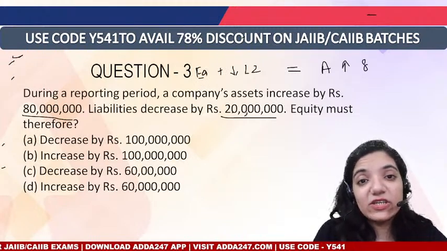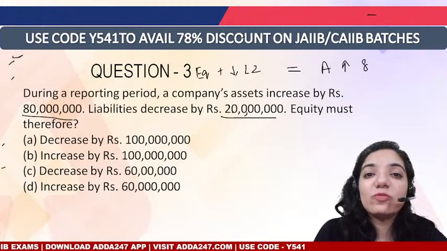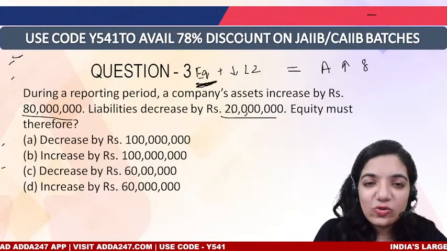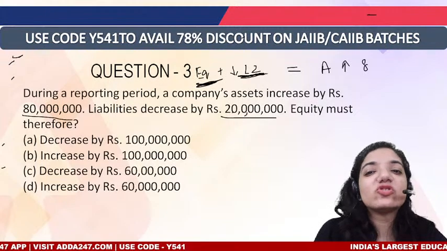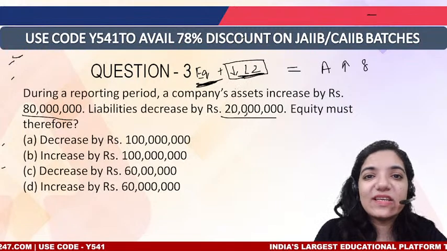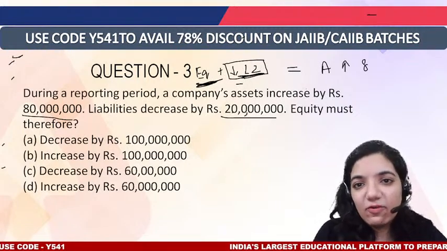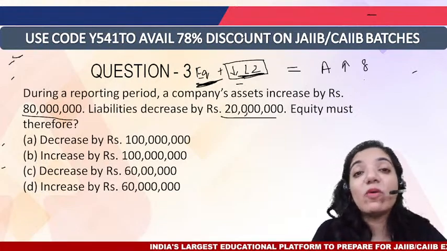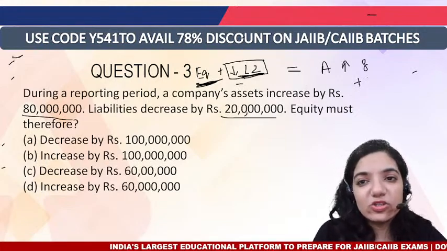If we talk about the change in equity, the equity is going to increase, because this 2 which has decreased is negative here. Once you take it to the opposite side, that is, once you cross the equal sign, it turns into a +2.